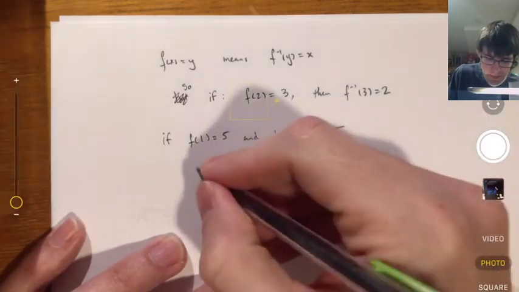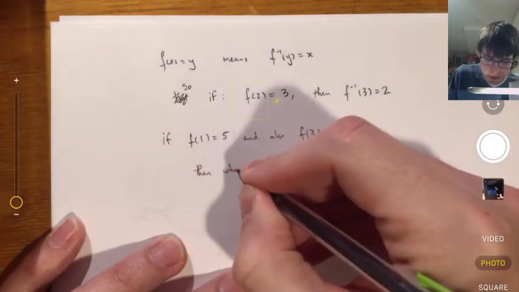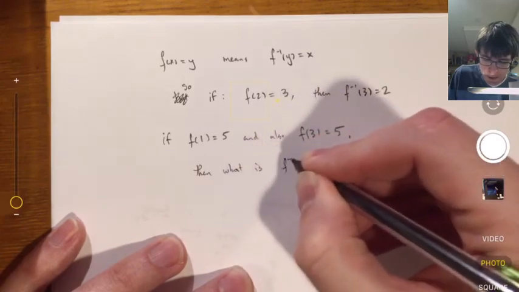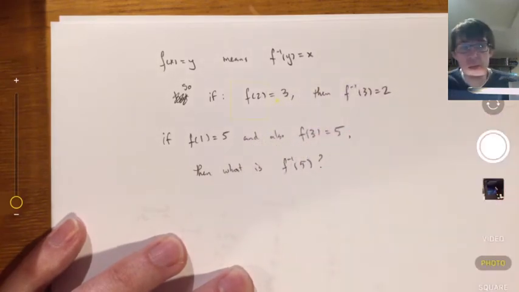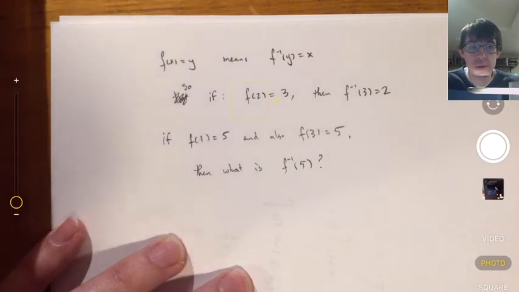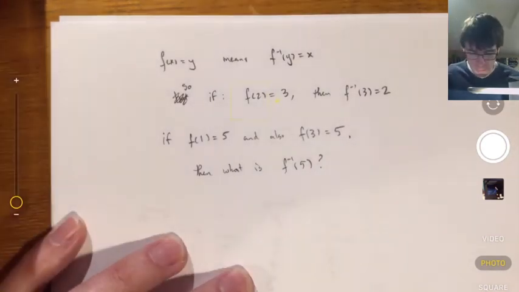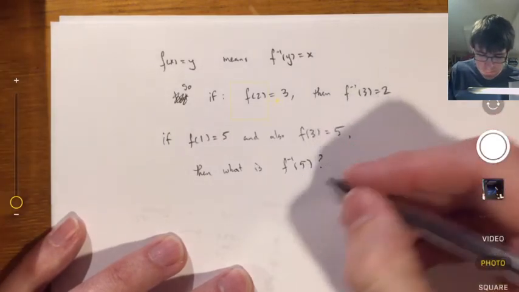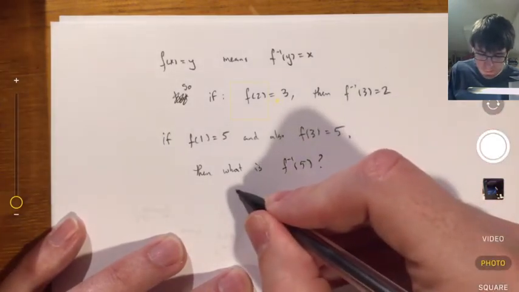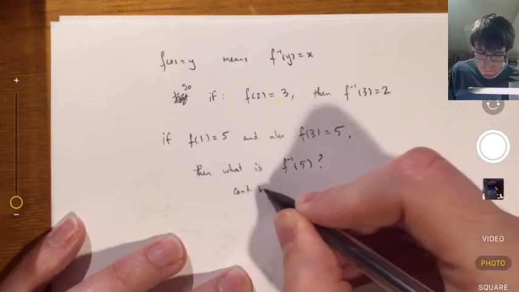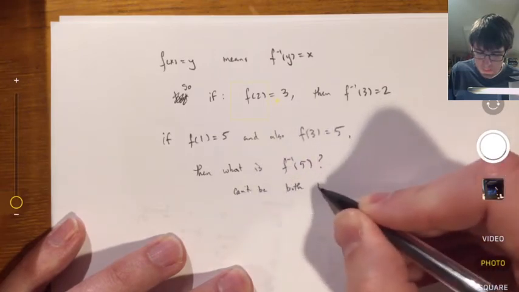What is f inverse of 5? It seems like it would have to be both 1 and also 3, and that's not allowed for a function. A function is only supposed to have a single value, right? It can't be both 1 and 3.